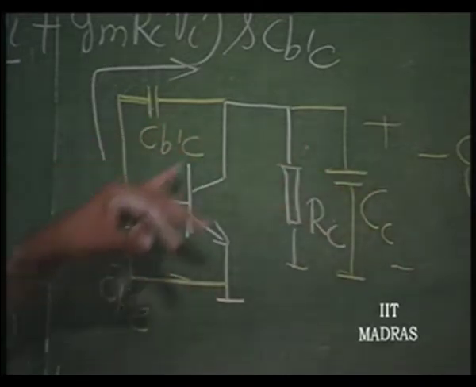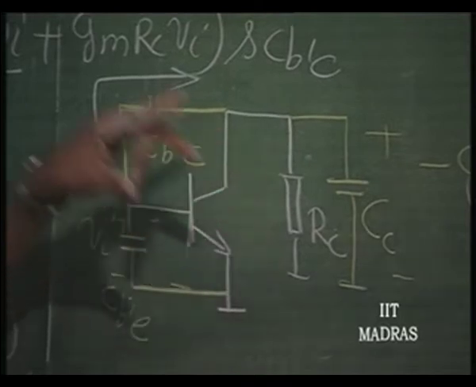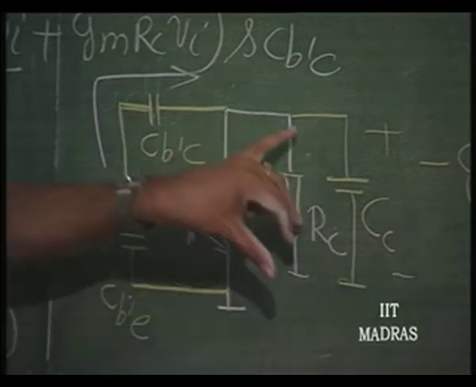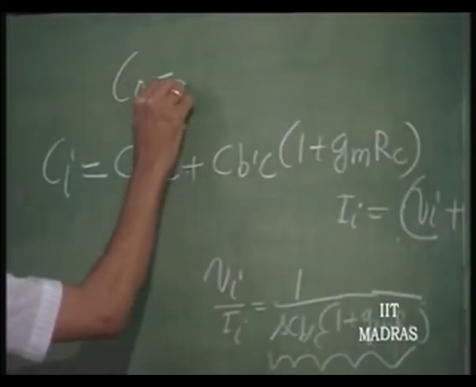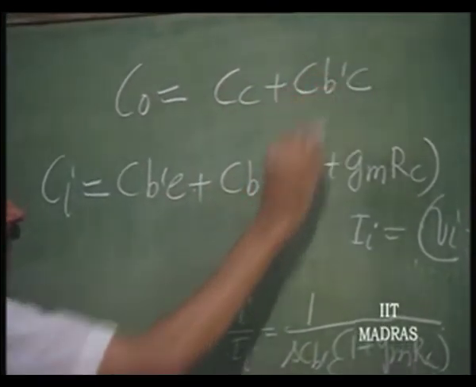So, this capacitor is going to appear as C B dash C into 1 plus 1 by G M R C. That is very high, so it is essentially going to appear as C B dash C. So, the output capacitor is going to be C C plus C B dash C approximately.